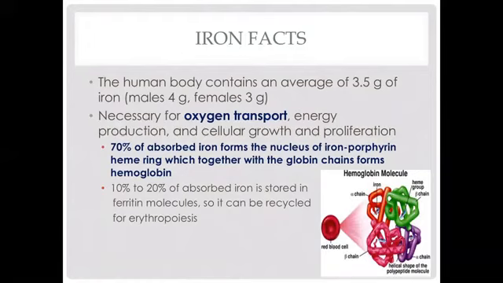In fact, a majority of iron, that is 70% of the absorbed iron, is attached to the porphyrin ring structure, forming heme that is needed for binding with oxygen that would be given to different tissues. And about 10 to 20% of absorbed iron is stored in ferritin molecules. Remember, ferritins are proteins needed for storage in different areas, such as in the liver.